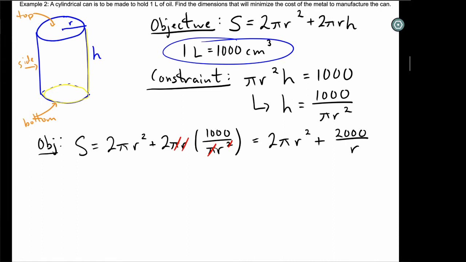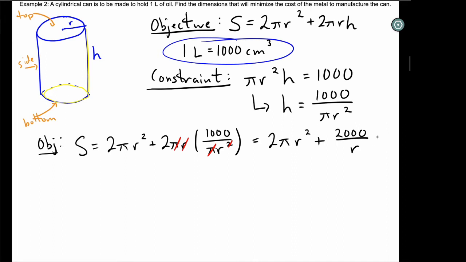Now, what we did in the last case was we asked what kind of interval made sense. What's the lowest and the highest r can be? Really, the only restriction we have here is that r has to be bigger than 0. Often a good way to check is to take the objective function and set it equal to 0. Those are usually good places to say, here's where we should start our variable, and here's where we should end it.